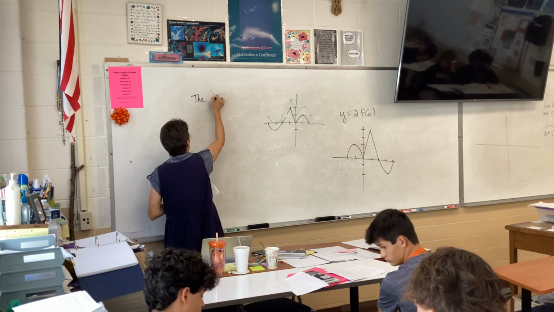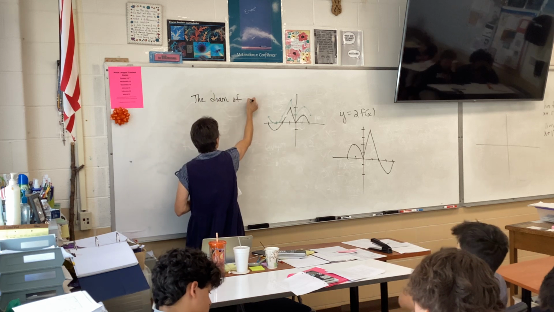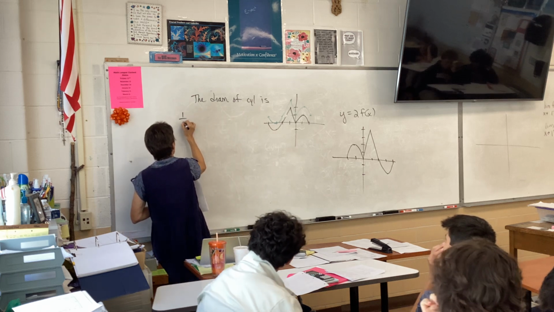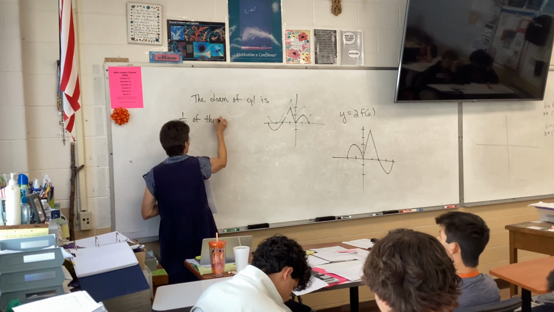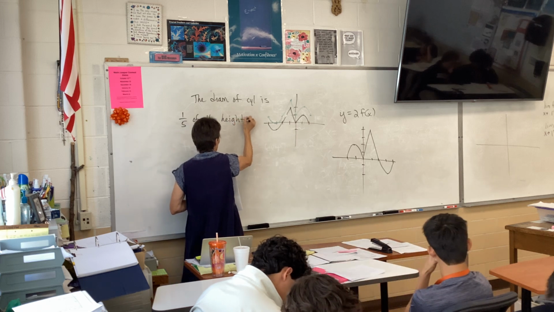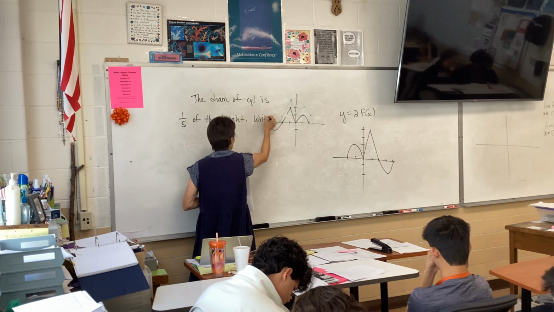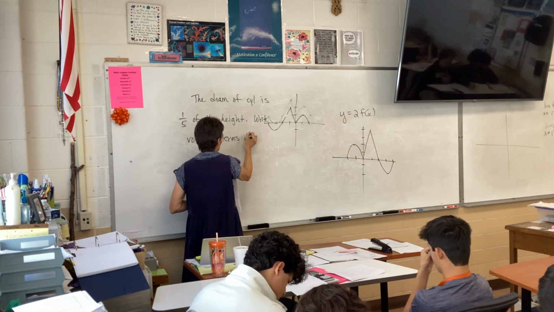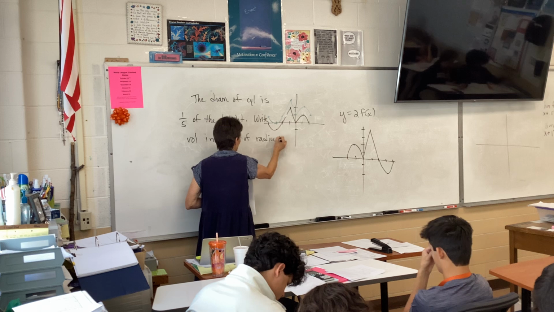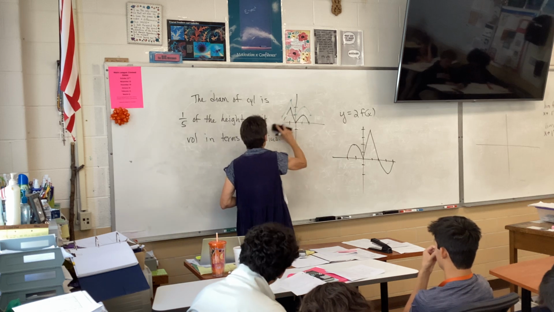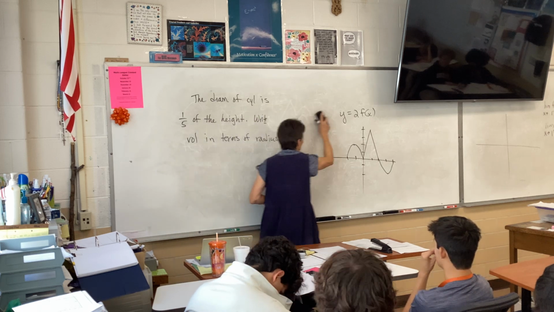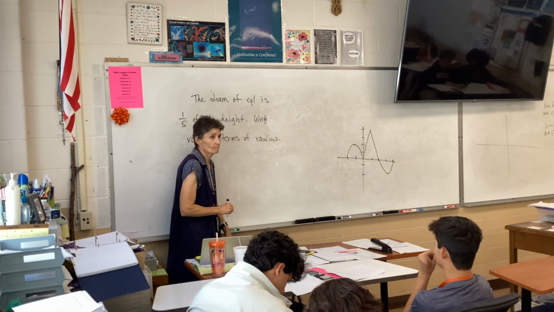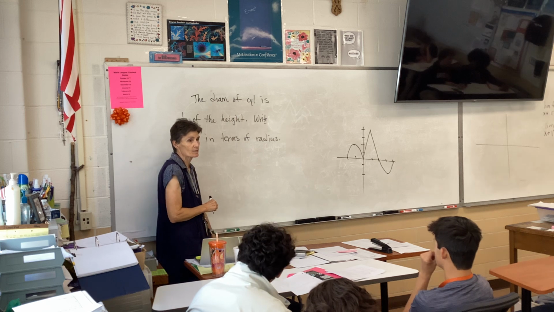The diameter of a cylinder is 1/5 of the height. Write the volume in terms of the radius. And that's what we did yesterday. Okay? I made this up just now.